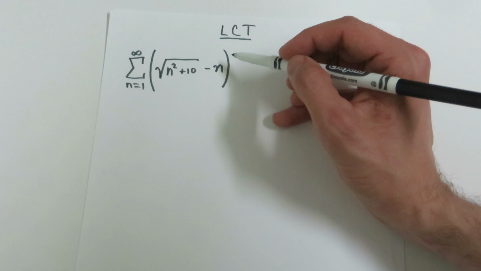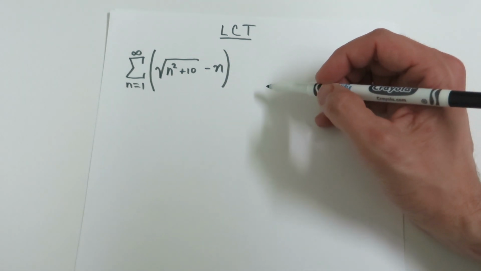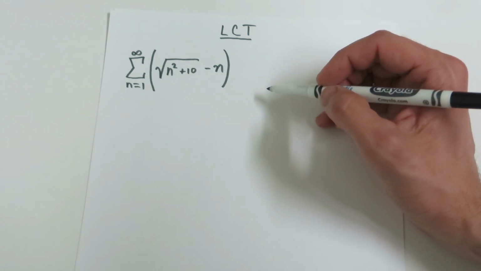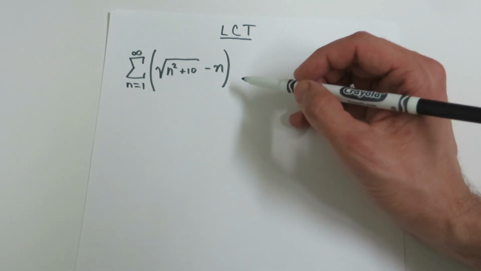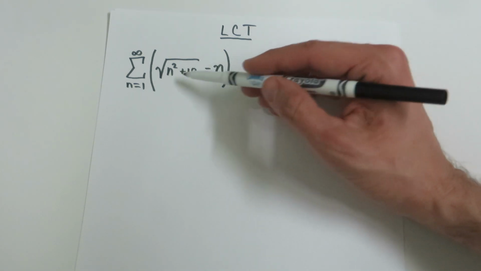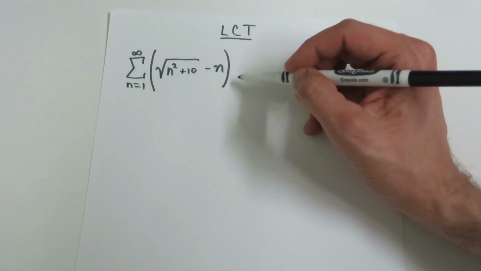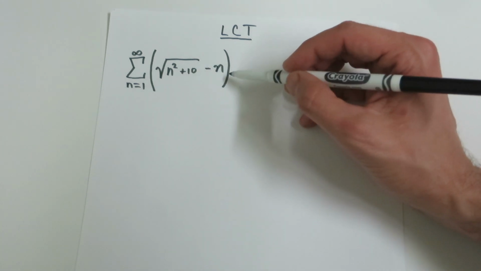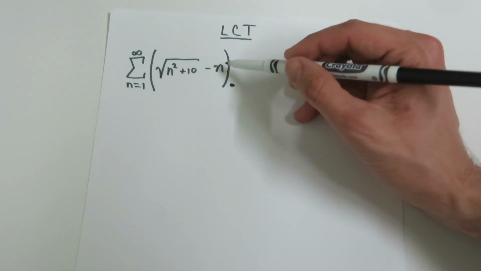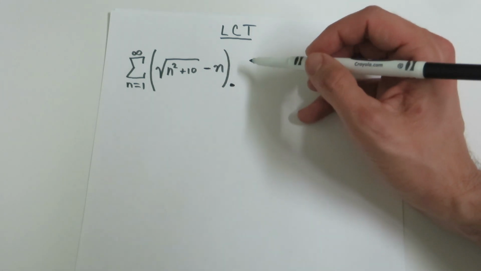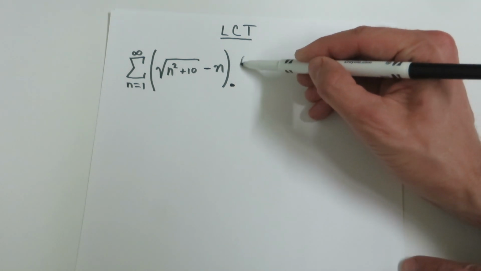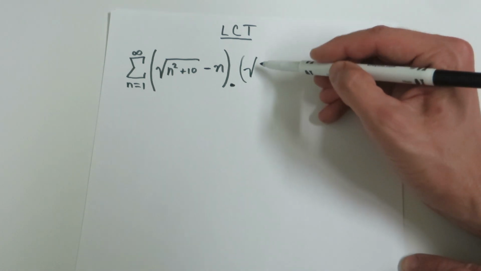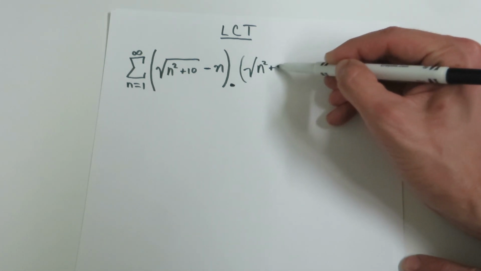But in order to evaluate this properly, we have to do a little bit of algebra and then take a look at our limit comparison test to see if that does indeed make sense. So to algebraically manipulate this to get it to a point that we can use here, I'm just going to multiply this expression by its conjugate. So we're going to multiply this by n, the root of n squared plus 10.